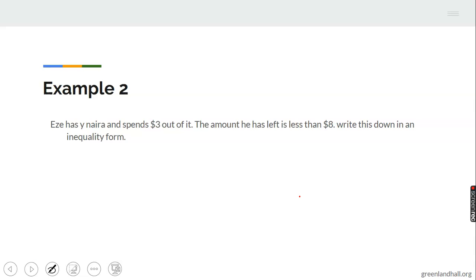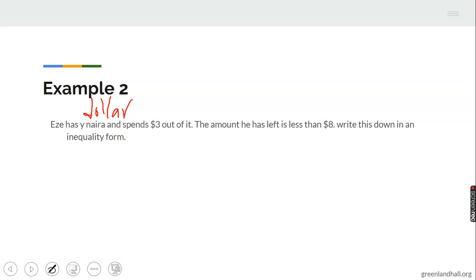Now the next example says Exe asks Y naira and spends, oh, sorry, this should be dollar, not naira. This should be dollar. And spends $3 out of it. The amount he has left is less than $8. Write this down in an inequality form. Okay, now Exe asks Y dollar and he spends $3.